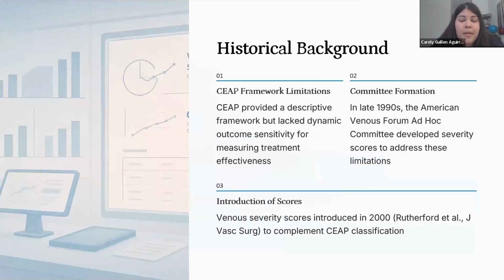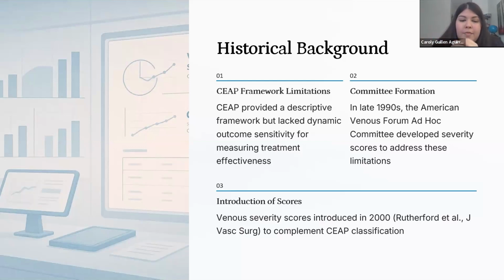So when I was telling you that the CEAP was a more descriptive tool, and it was not able to evaluate responses to treatment or outcomes to treatment, that's why they created these tools.